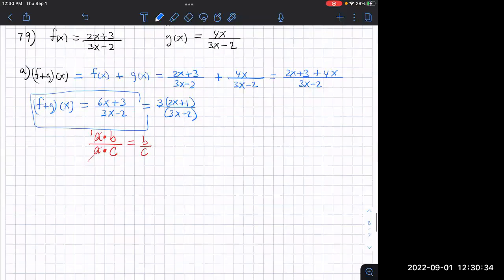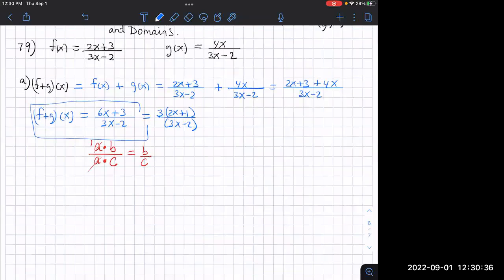Okay, the domains. What is the domain of f? Here's my f function. The only thing that has a restriction is the fraction, the division part, right? We cannot divide by 0. So we look at the denominator, 3x minus 2, and set it to 0.